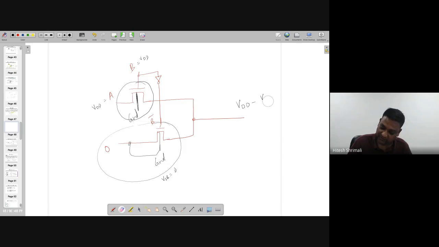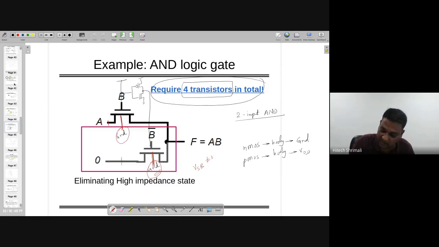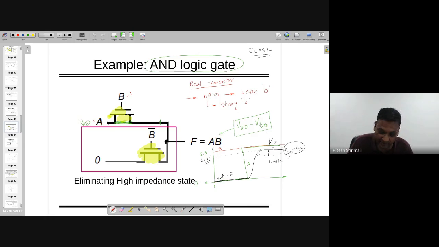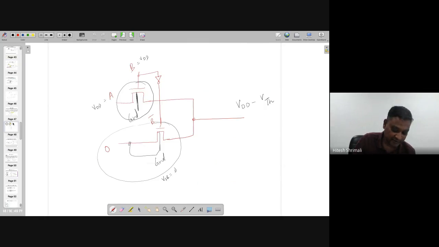So this VTN will change to VTH, which is higher than VTN. So the output which we were seeing over here will not look like this one, but it will look like this one. So still you are reducing your threshold voltage, and your logic 1 is actually now going to suffer from the problem of having a very small margin of high level. So noise margin high is getting reduced. So that needs to be taken into account for the next understanding of logic gates, right?